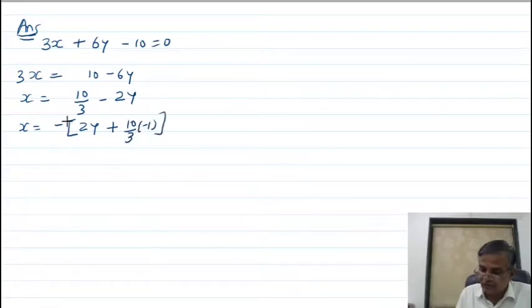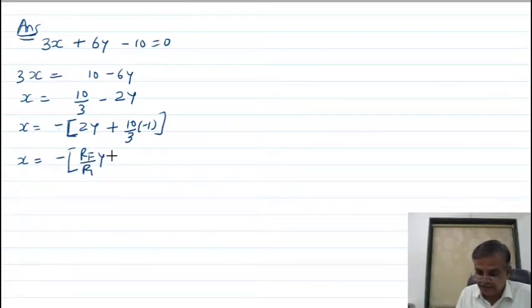I think you understand the way I am writing. The way of writing is very important. So minus becomes plus, you will get plus, minus here. This equation you have to compare with the standard equation, Rf by R1 into V1 plus Rf by R2 into V2.